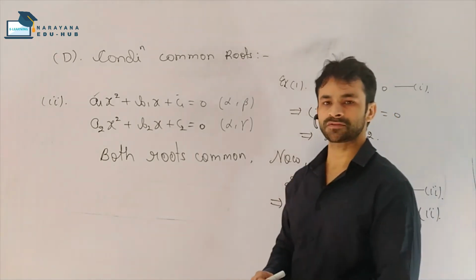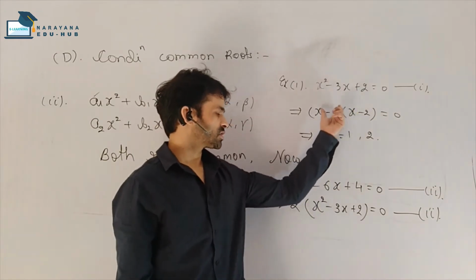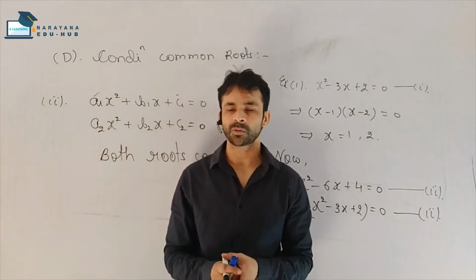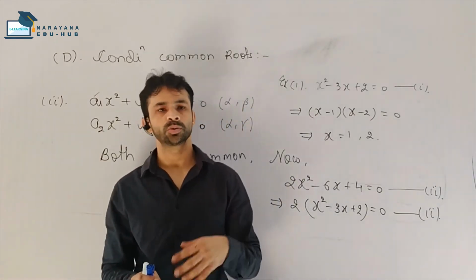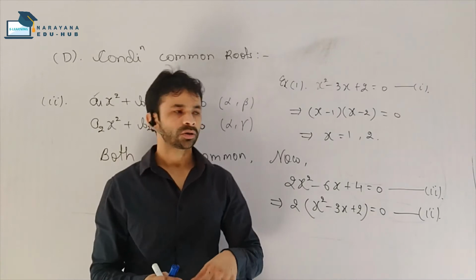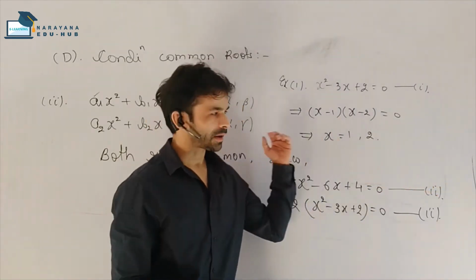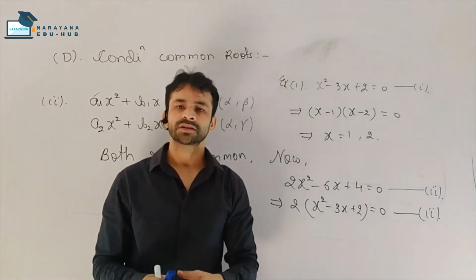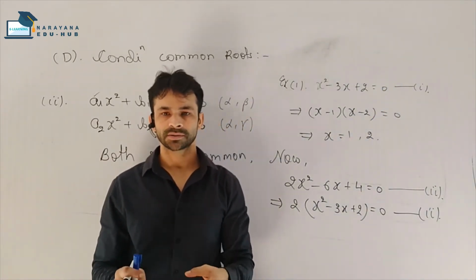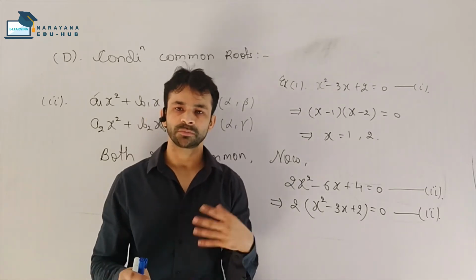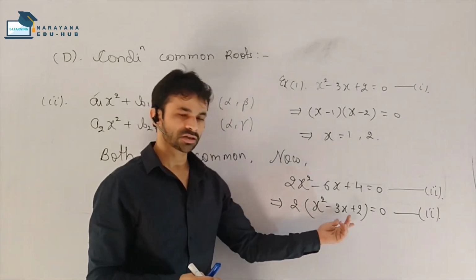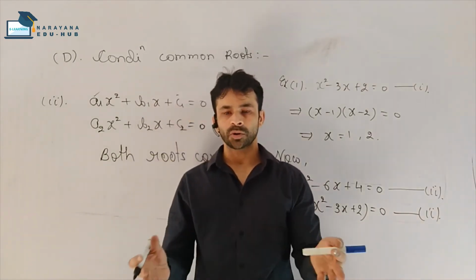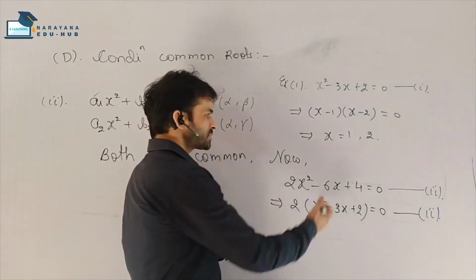We have simply multiplied the first by some number, that is 2. If you multiply an equation by some number, or divide, or transfer some term to the other side, whatever changes I make, the equation is the same, the factors will be the same, and the roots will be the same. Just you will have this multiple 2.